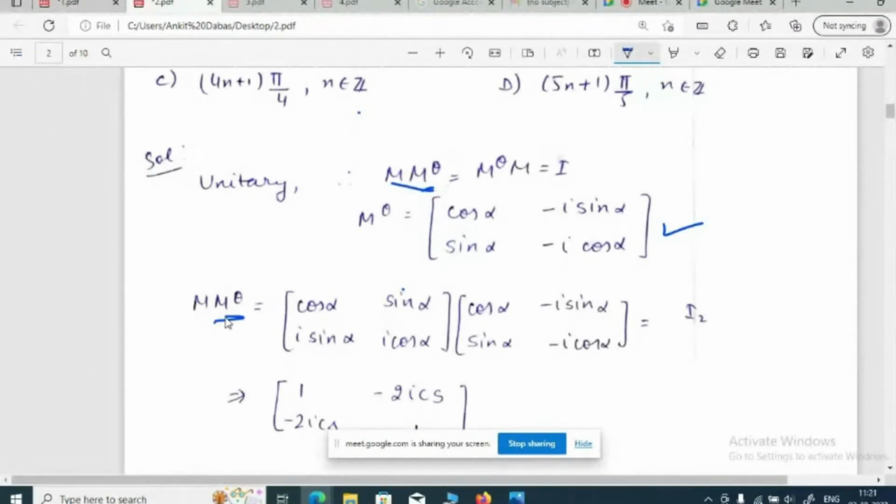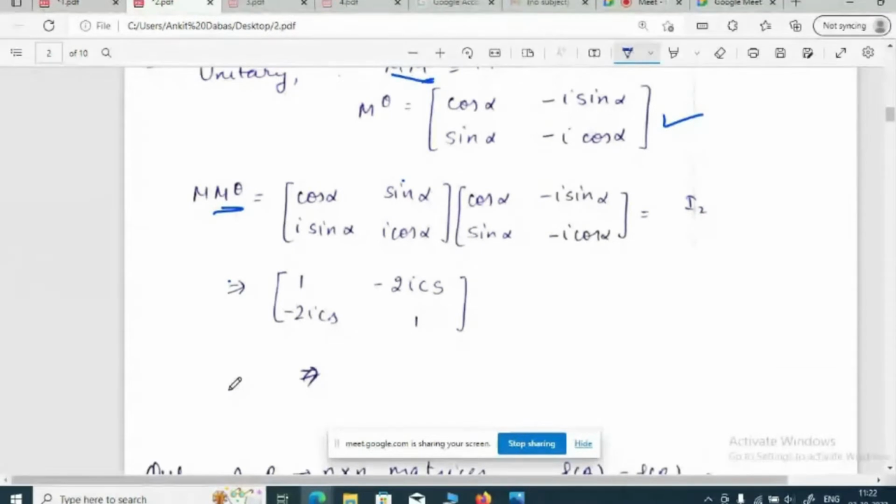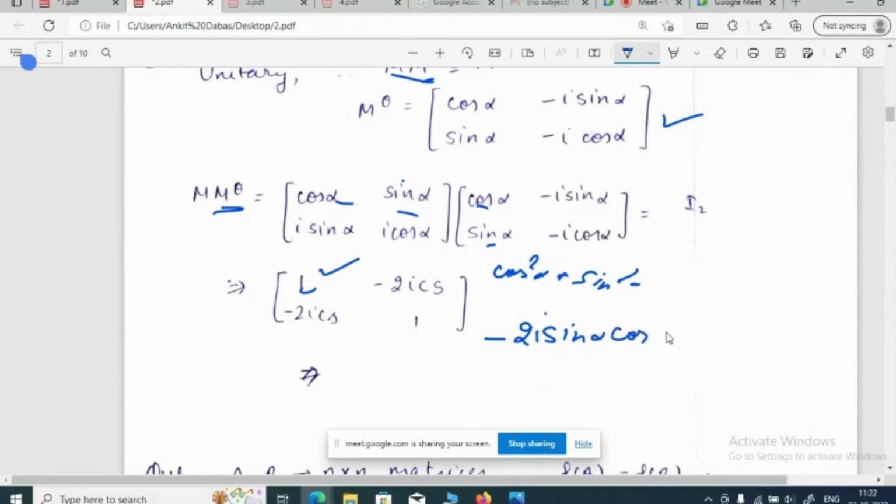When we compute the product of these two matrices, the first term is cos alpha into cos alpha plus sin alpha into sin alpha, that is cos square alpha plus sin square alpha, which is equal to 1. Next we have cos alpha into minus iota sin alpha plus sin alpha into minus iota cos alpha, which gives minus 2 iota sin alpha cos alpha.